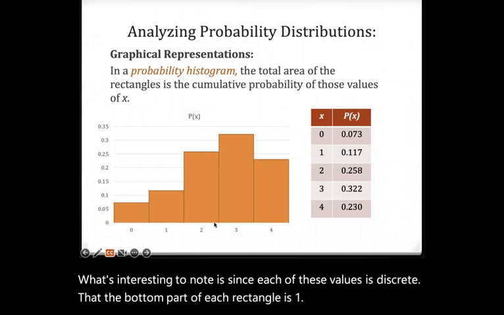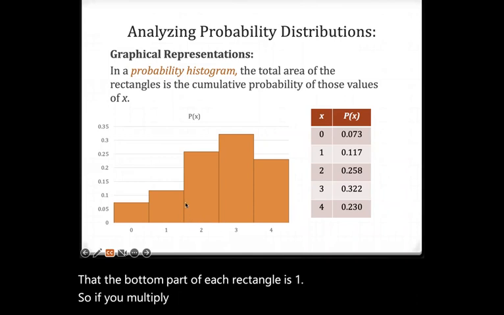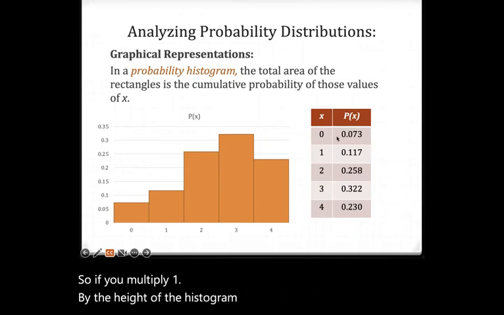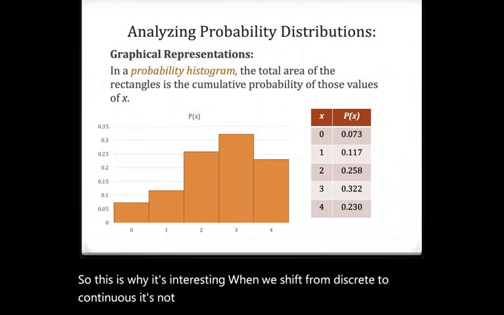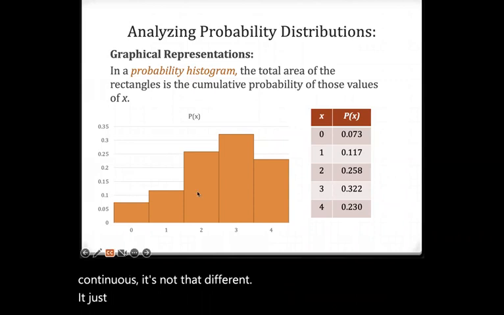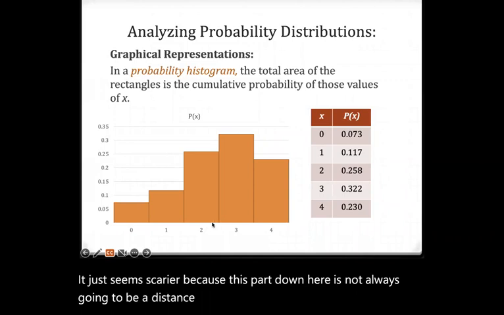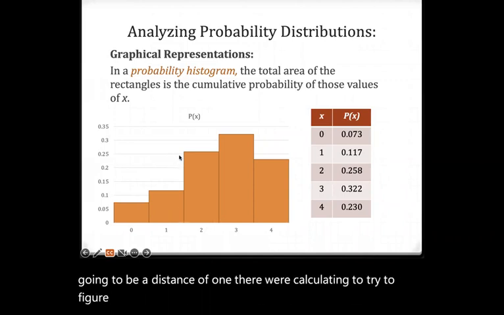So if you multiply 1 by the height of the histogram bar, you're just going to get the probability back. So this is why it's interesting when we shift from discrete to continuous. It's not that different. It just seems scarier because this part down here is not always going to be a distance of 1 that we're calculating to try to figure out the area.